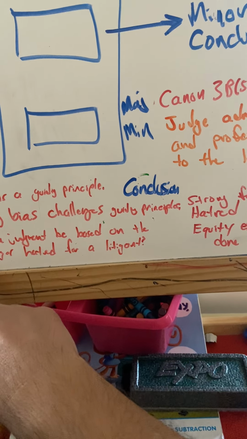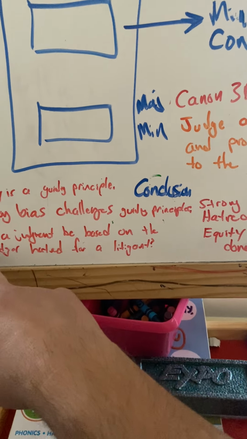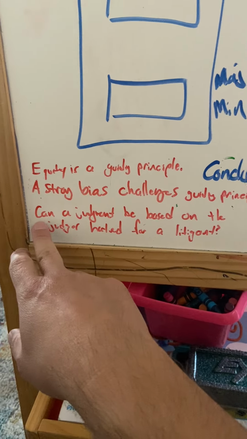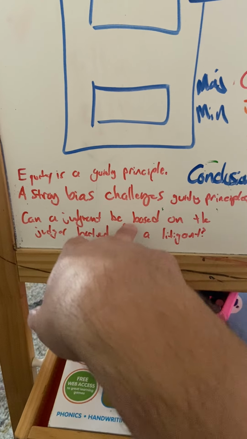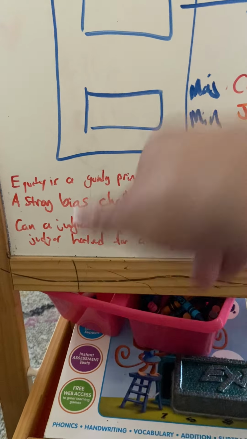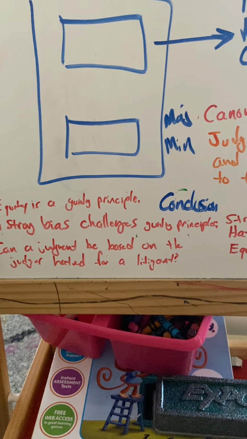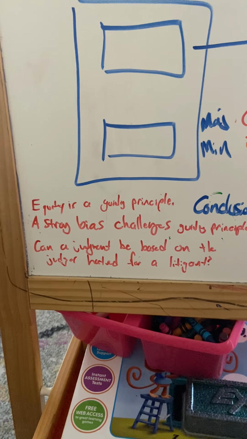Now, here's my conclusion, because it's a question: Can a judgment be based on the judge's hatred for a litigant? All right, so I'll put that up there.